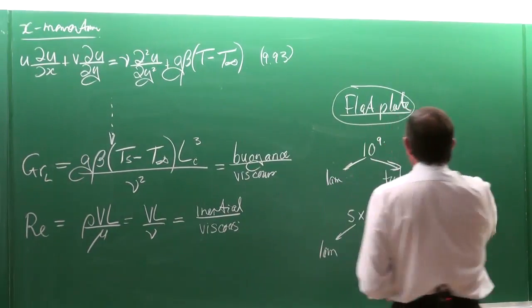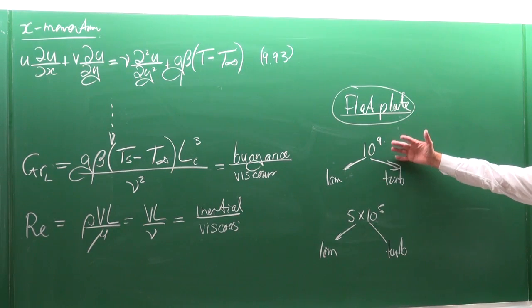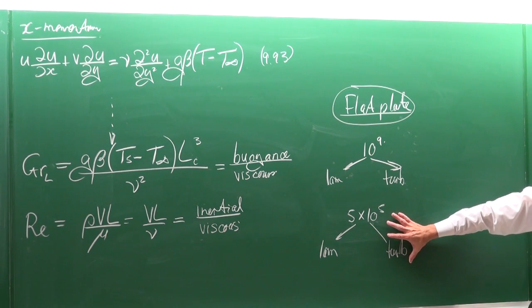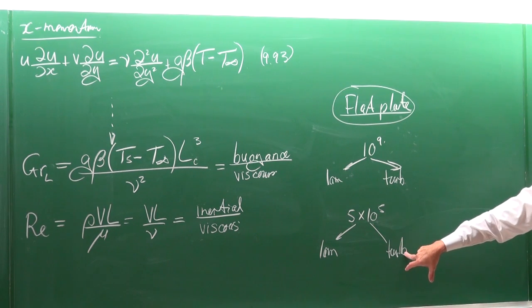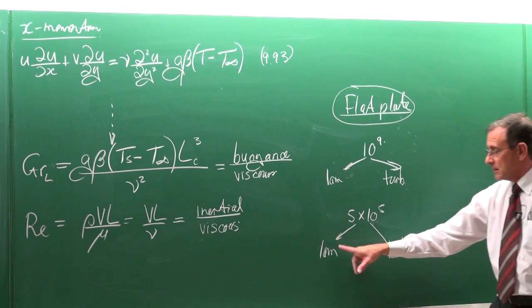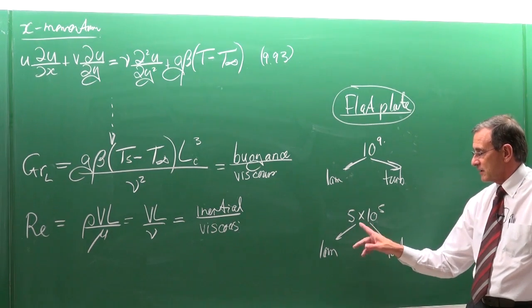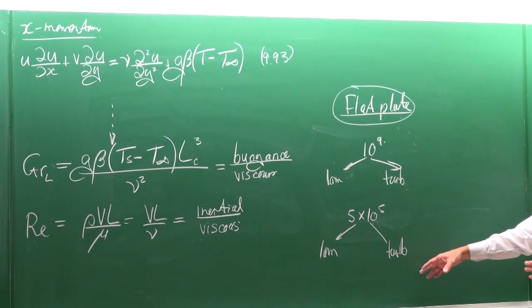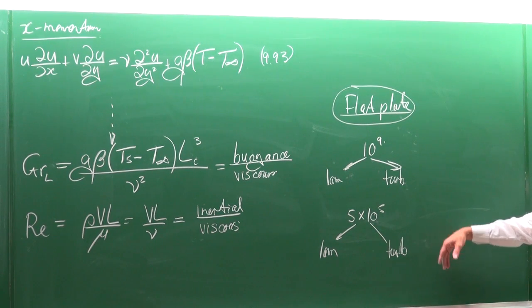So, for a flat plate, for example, if we've got flow over a flat plate and there's forced convection, there's a pump or a fan, then we can calculate the Reynolds number, and if the Reynolds number is smaller than 5 multiplied by 10 to the 5, the flow would be laminar.